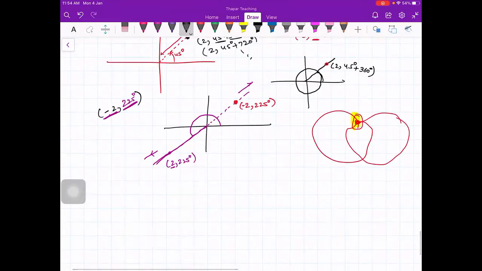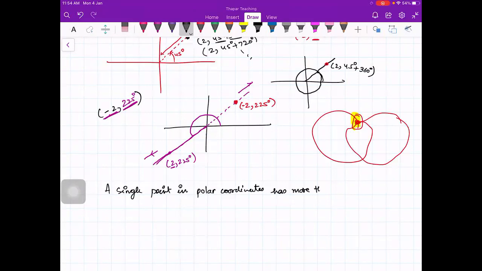Is that okay? So let me write down everything. A single point in polar coordinates has more than one name.